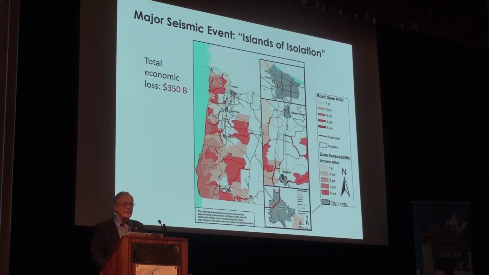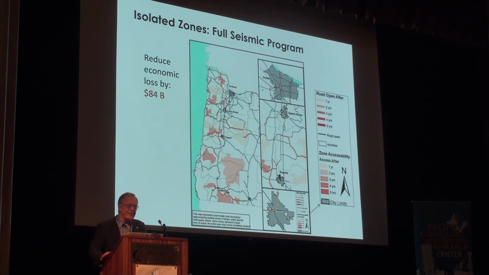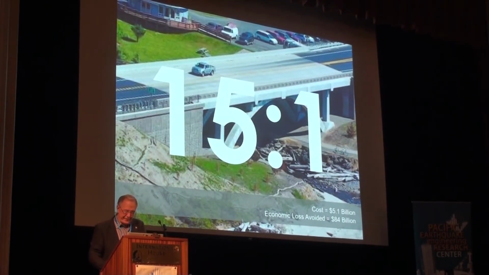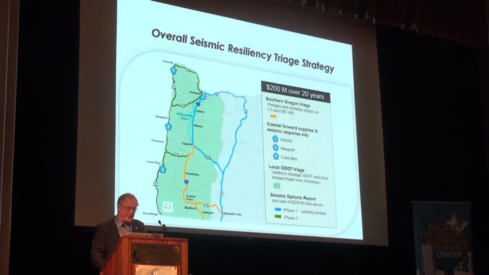And then we showed, what if we did invest in retrofitting and making our system resilient, and we ran the program again, and we showed significant improvement in lesser areas of isolation and our highway system performance, where we could actually save up to $84 billion of our gross state product if we did the retrofitting, which comes out to about a 15-to-1 benefit based on the cost that we estimated for doing our retrofitting.